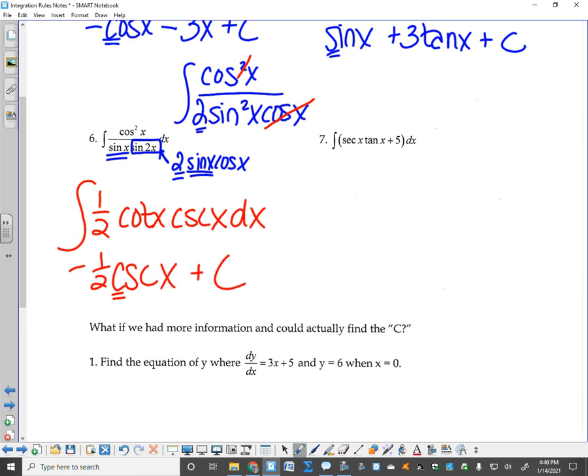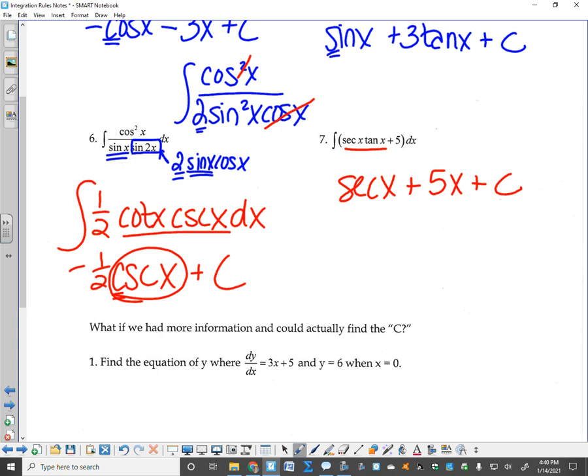There we go, because the derivative of cosecant is negative cosecant cotangent. Secant tangent, that's 1. Secant tangent is secant plus 5x plus c. Ooh, love that one.